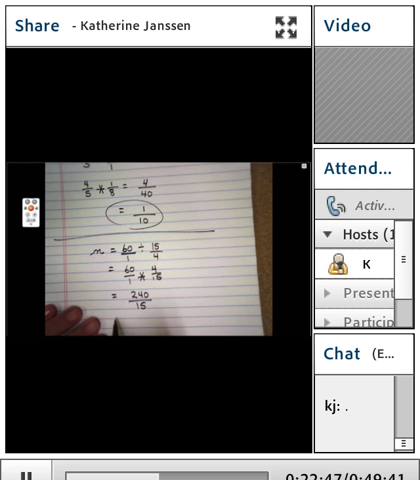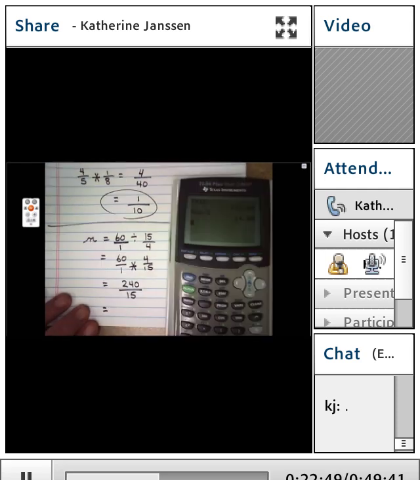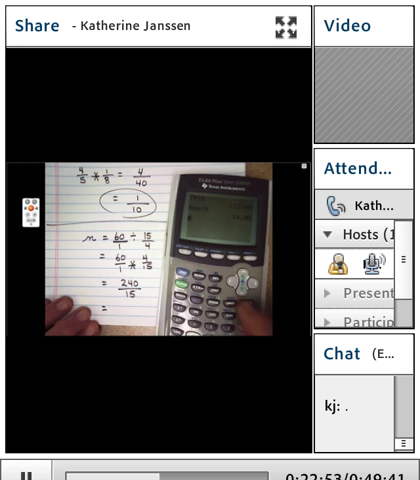And I know that 5 goes into any number that ends with 0 or 5. So 5 goes into 240 and 15. Let's see if 240 is divisible by 15. 16 times.